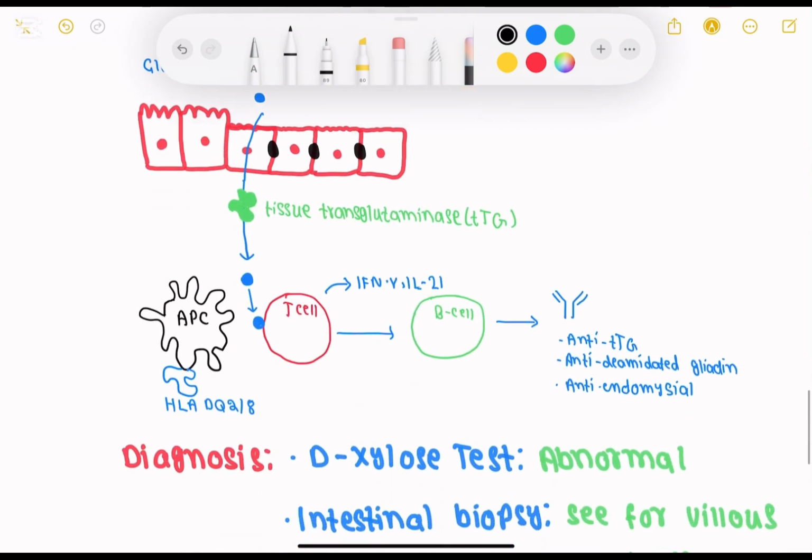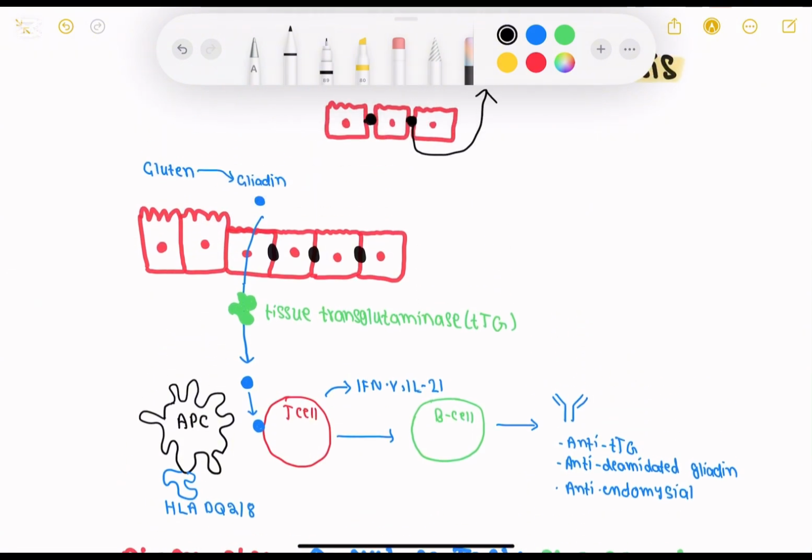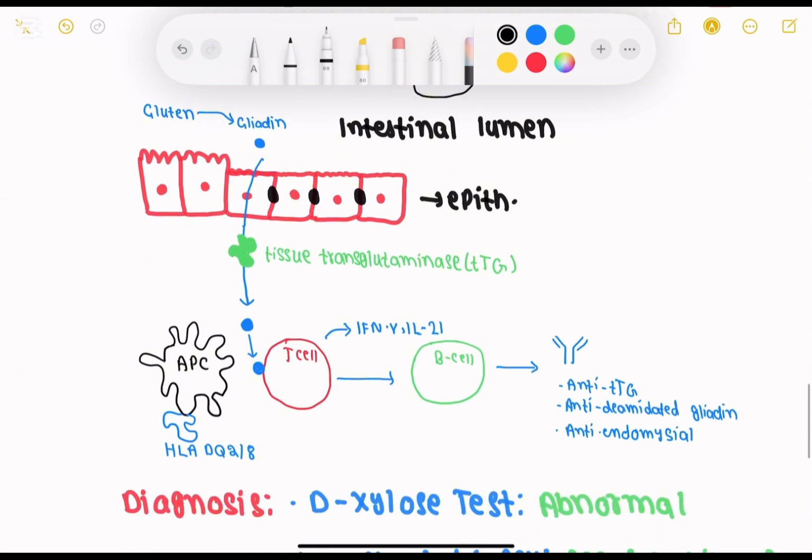So what actually occurs over here? Let's say this is the intestinal lumen, and this is the epithelium, the intestinal epithelial mucosa. These are the epithelial cells, and the black cells are intraepithelial lymphocytes.